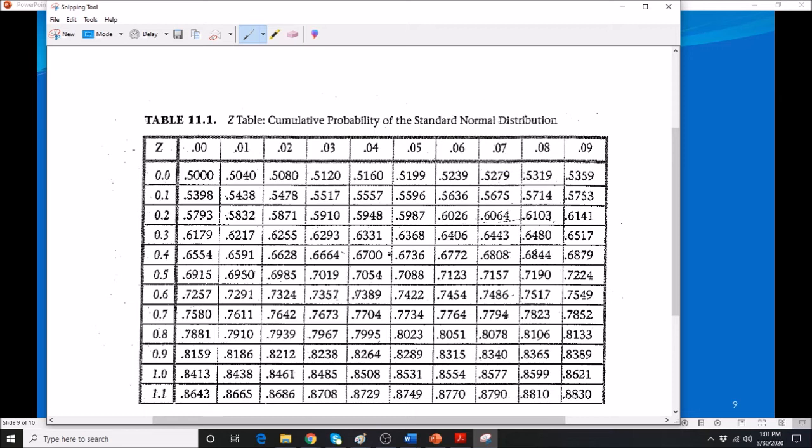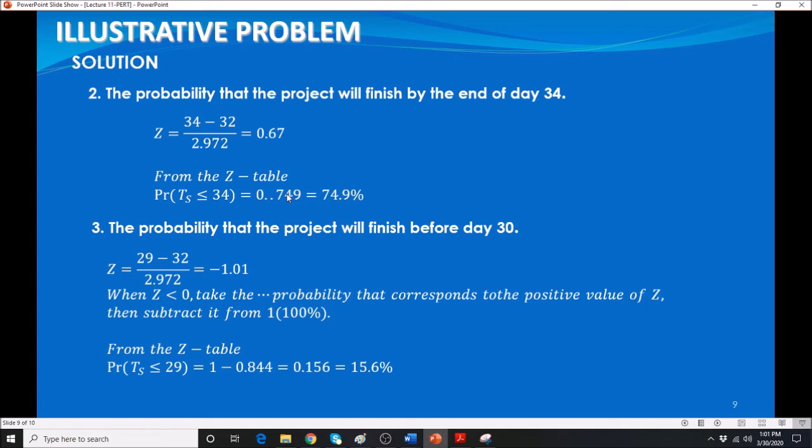So you just scroll down, go across, and that will give you 0.7486, or about 0.749, and that will give you about 75%.